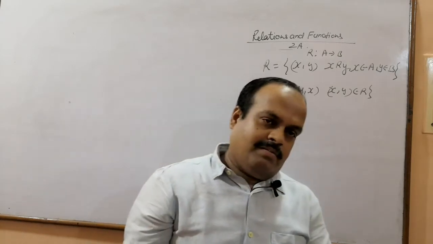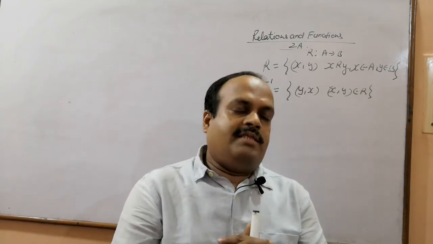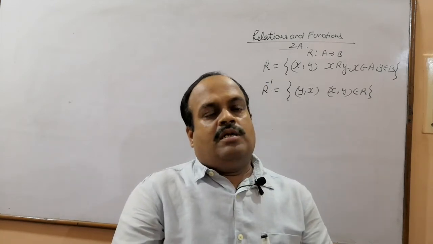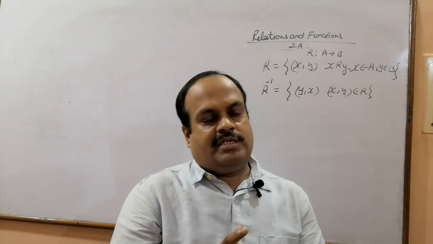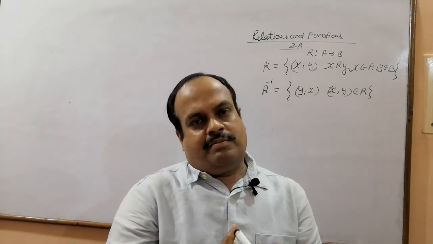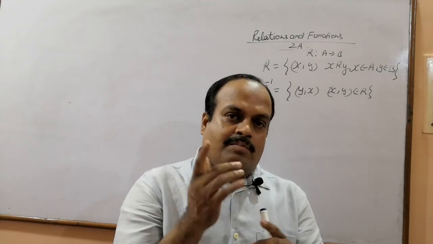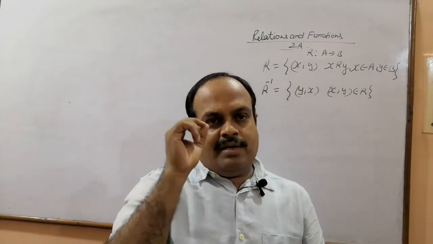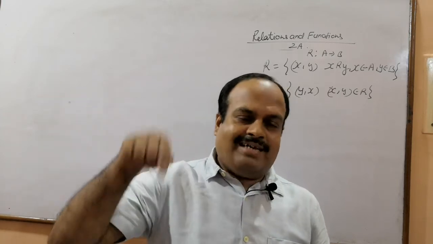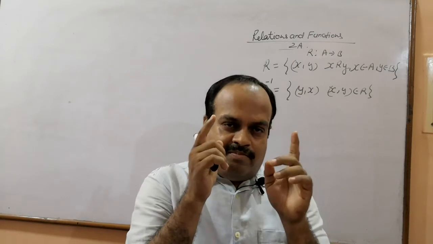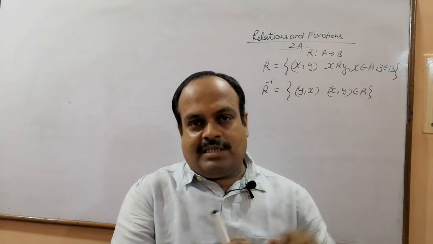I mean, to get the inverse of a relation, you need to interchange the first and second component in every ordered pair element of the relation R. If you interchange the first entry by the second entry of every ordered pair element of a relation, then the collection of that set will give you the inverse of the relation R. Example.